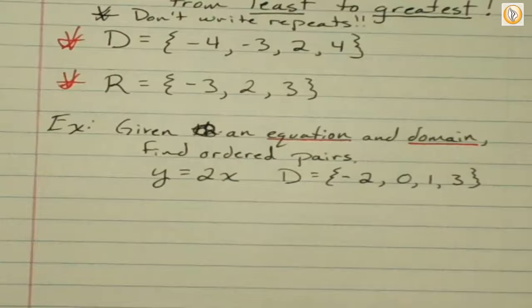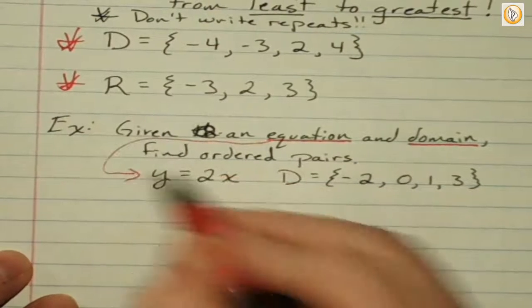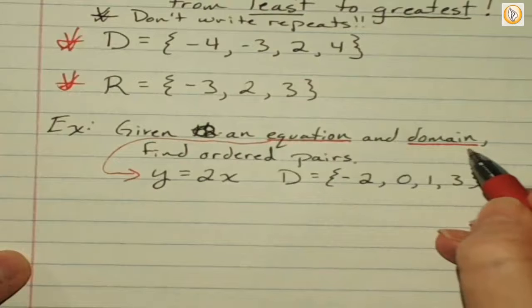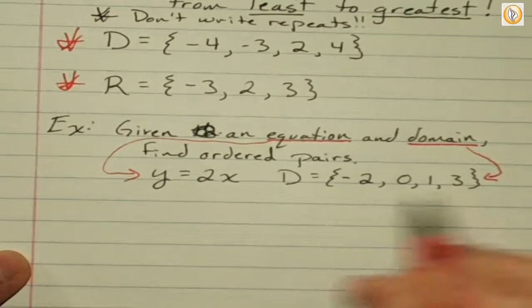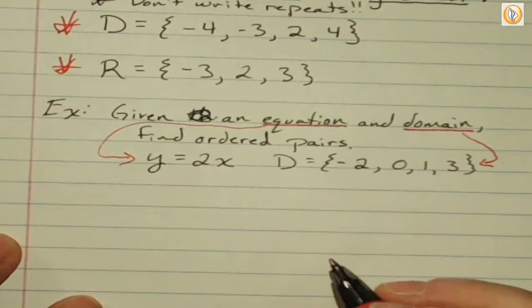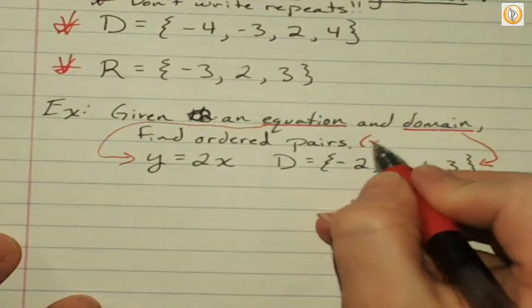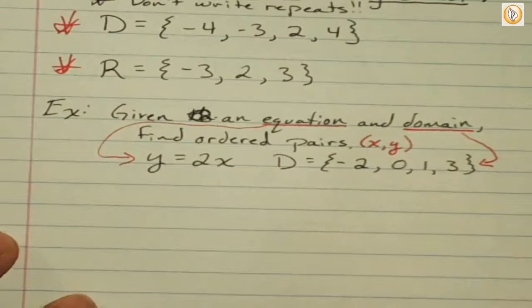Okay, so given an equation, so here's your equation, and they gave you the domain, find the ordered pairs. Remember, ordered pairs are your x's and y's, right? So I'm going to put that here, x, comma, y.